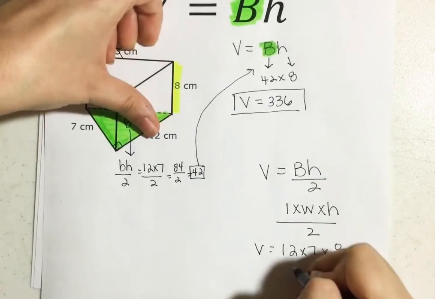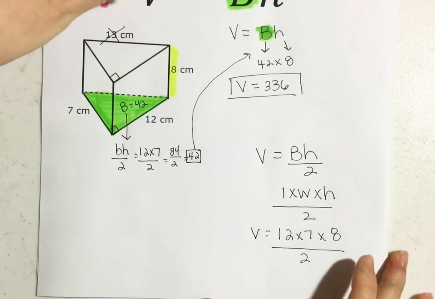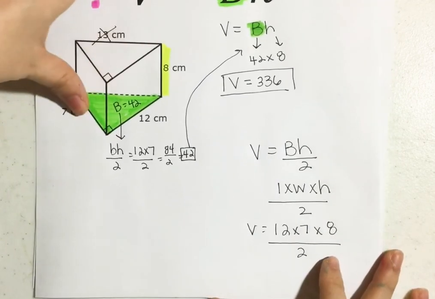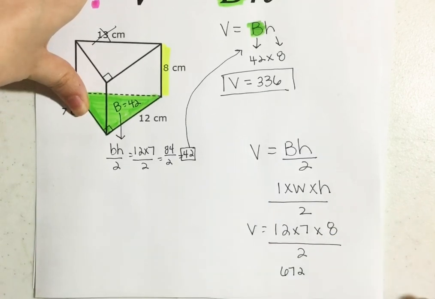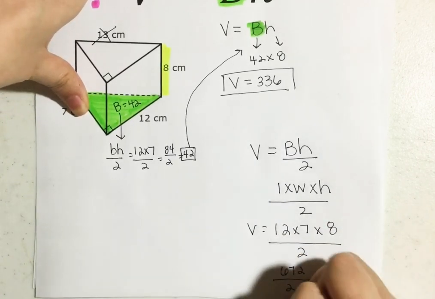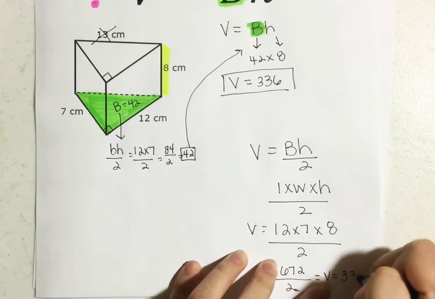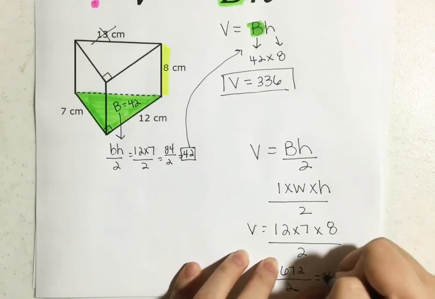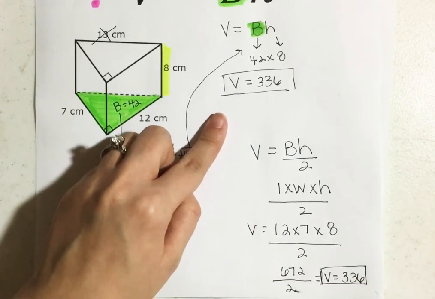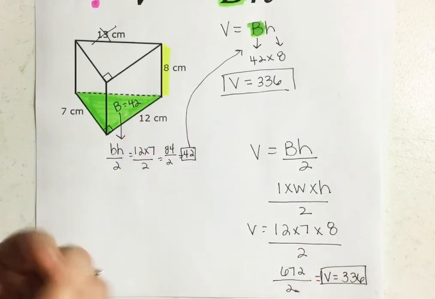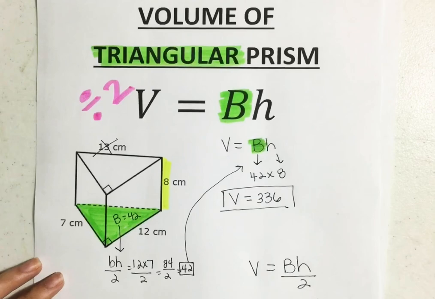I would multiply everything and then divide by 2. When I multiply 12 times 7 times 8, I get 672, but I gotta divide that by 2. So my volume is gonna equal to 336. So notice how we get the same answer because we're still multiplying the same numbers and we're still dividing by 2. So that's very, very important in the triangular prism, guys.